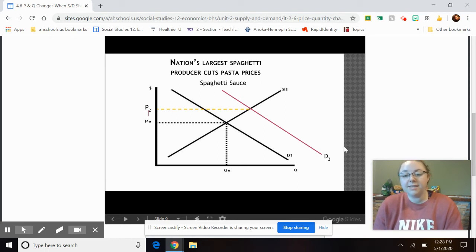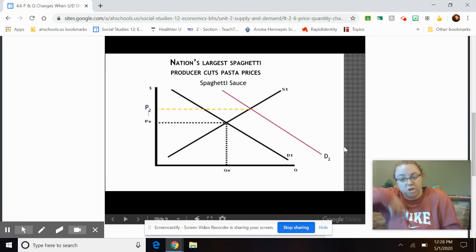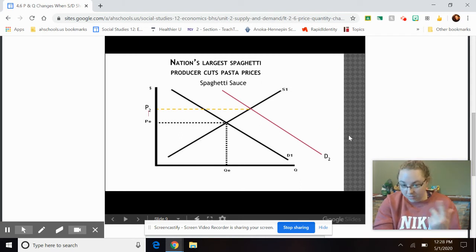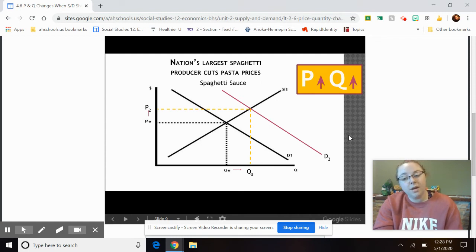So equilibrium has now shifted to the right with the demand, okay? So this shows that price actually goes up, as it shows on the graph, and quantity goes up. So price and quantity both increase.